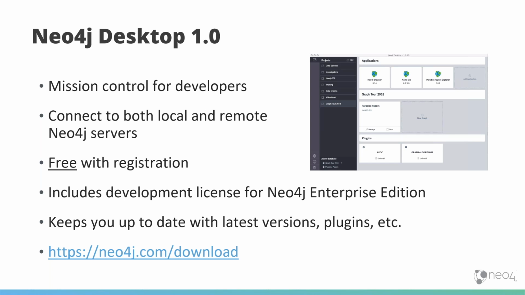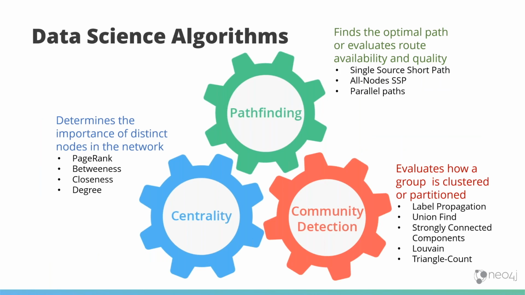One of the cool things is it includes a developer's copy, free to use, of Neo4j Enterprise Edition. So developers who are familiar with Community Edition can also use Enterprise Edition capabilities for their personal development using the desktop. And this is really a model that you can expect us to continue to invest in as we move forward.